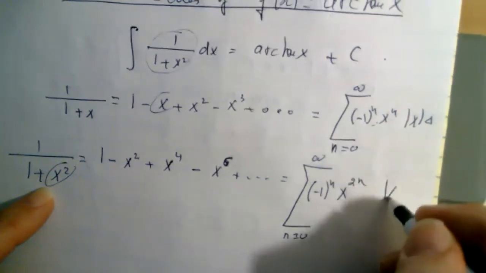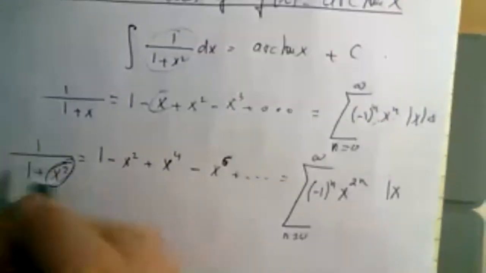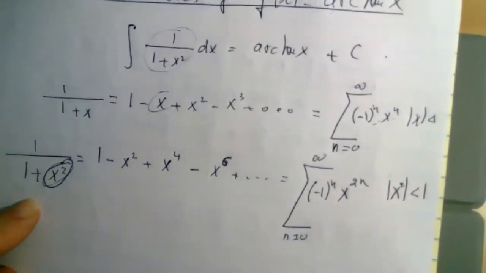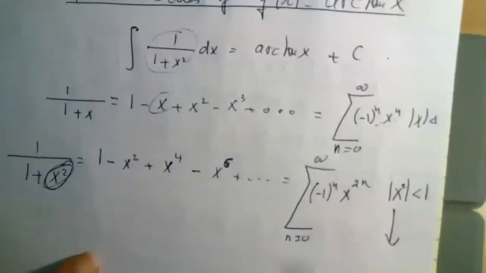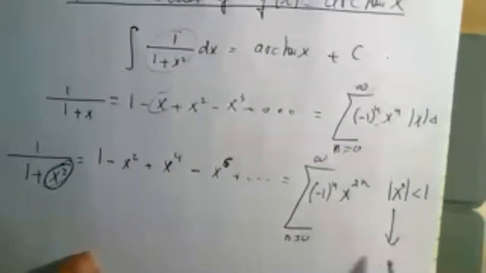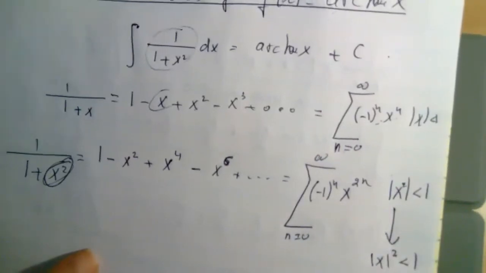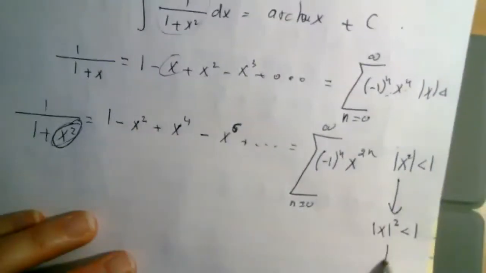And this holds when, if I put in x squared, it means x squared should be here, the absolute value of x squared is less than 1. But the absolute value of x squared is the same thing as absolute x squared, less than 1. It means the absolute value of x is less than 1. So we know when everything is going to work.